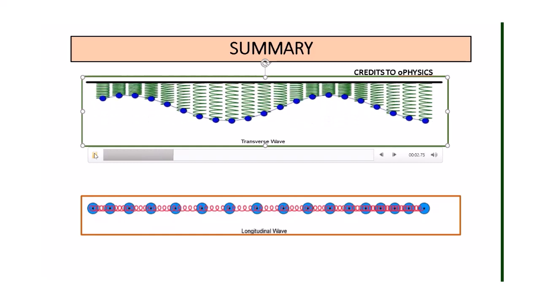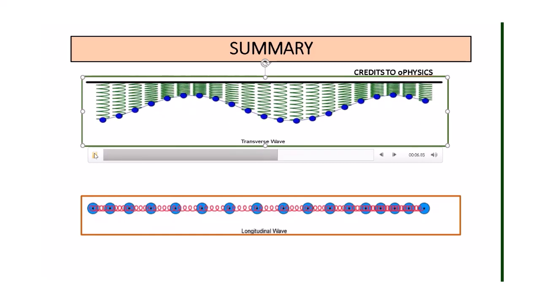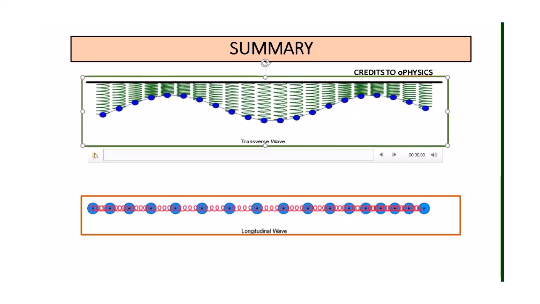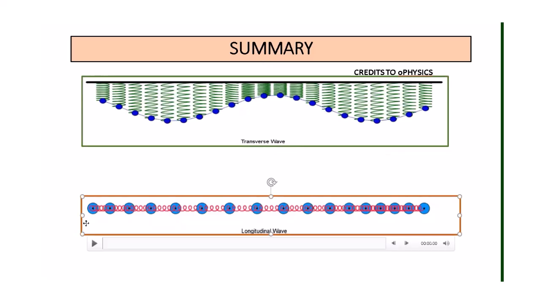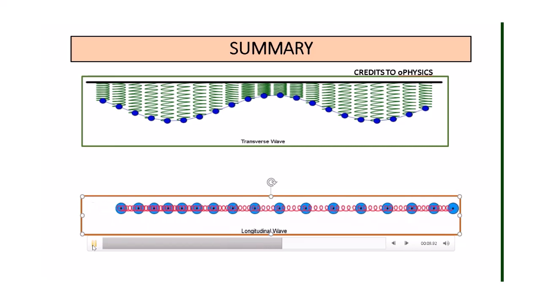Here you note that the particles are vibrating in a vertical direction while the wave itself is transferred horizontally. On the other hand, in the longitudinal wave, the particles are vibrating horizontally and the wave is also propagating in the horizontal direction.